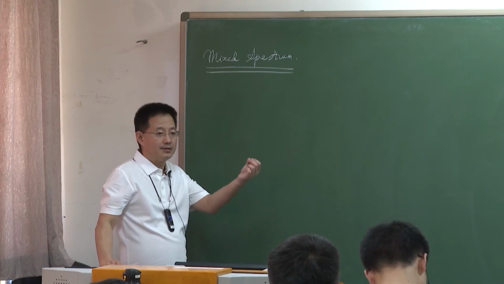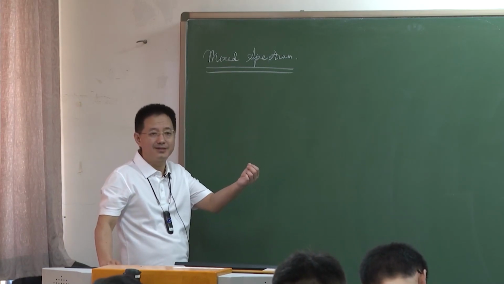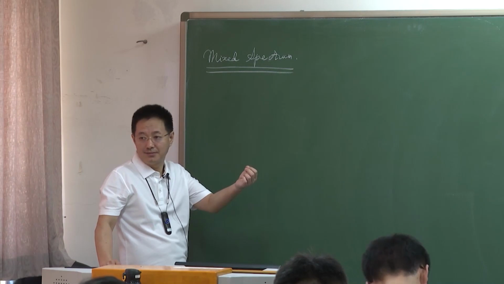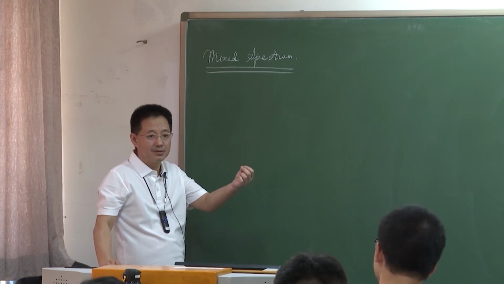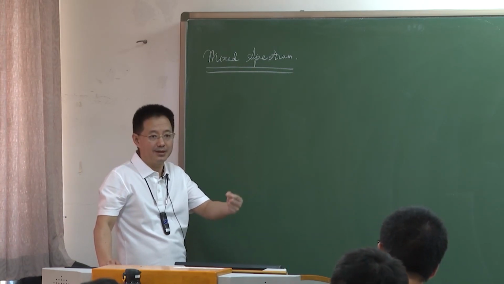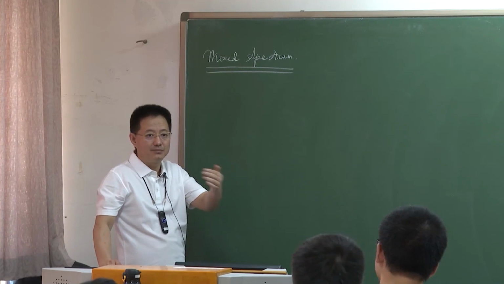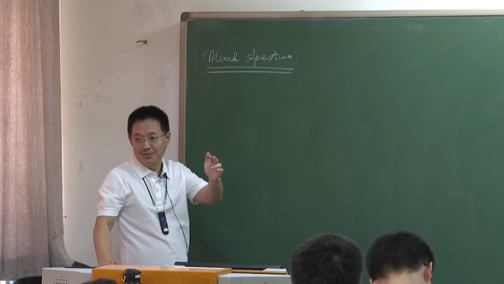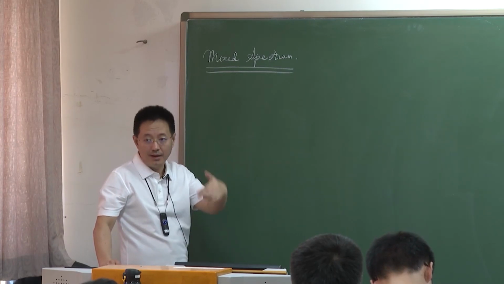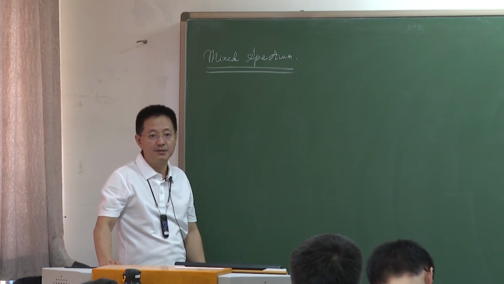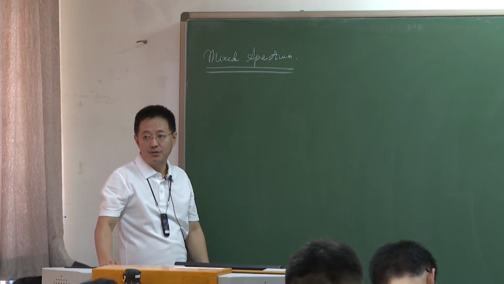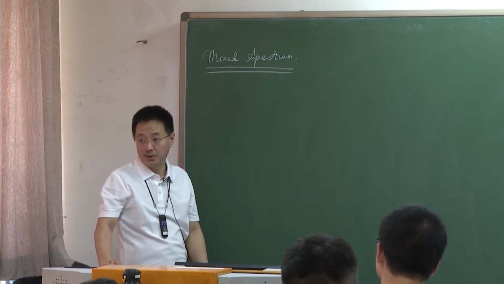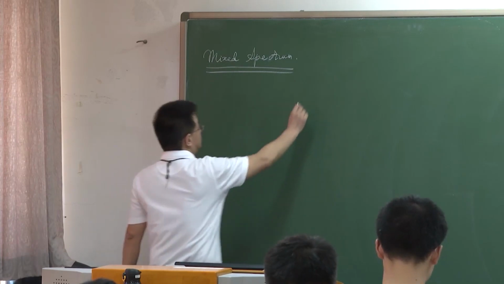When the hydrogen atom is in a bounded state, it is discrete. But the electron in the hydrogen atom could be excited to some very high energy level, and up to the free particle. And so the hydrogen atom has a mixed spectrum, both discrete and continuous. Okay?